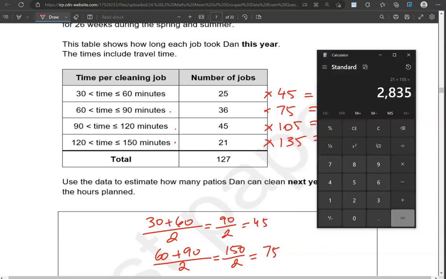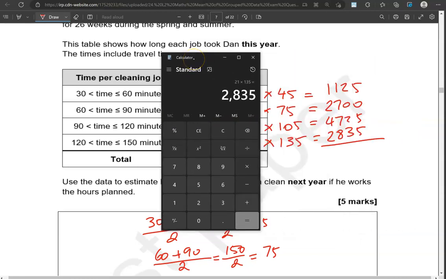We'll work out the total by adding all of these together. This is 11,385.